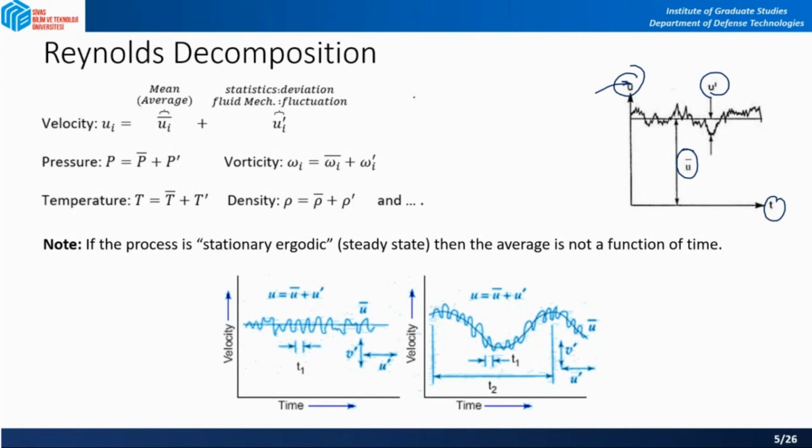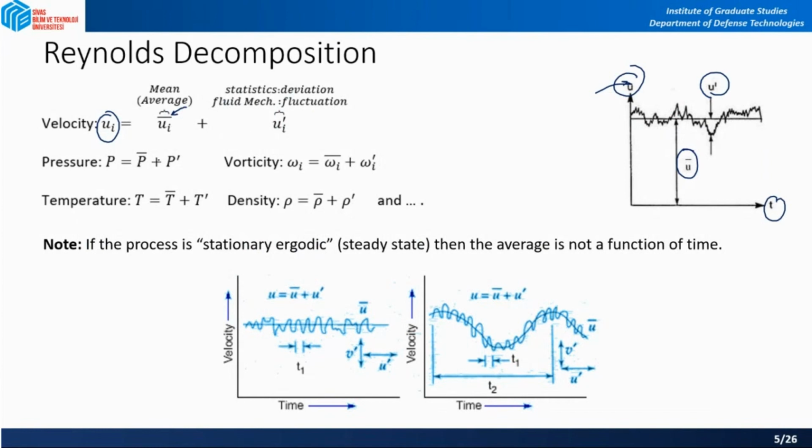So this is the notation that we use. Ui is the instantaneous velocity. The mean or average velocity is ui bar plus ui prime for the fluctuation. In statistics, we call it deviation, and in fluid mechanics, we call it a fluctuation.